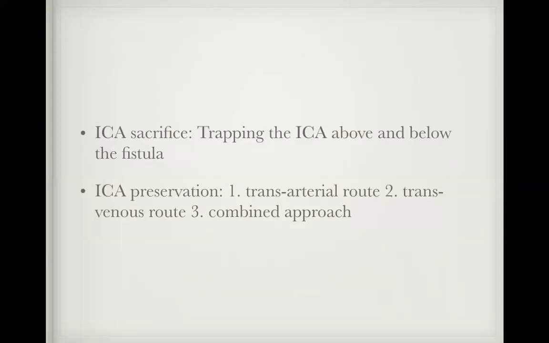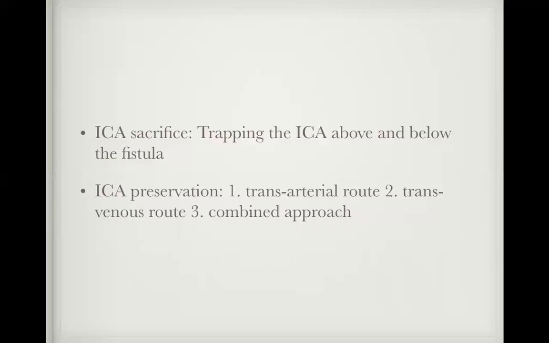Currently, the main endovascular approaches to carotid cavernous fistula is to either trap the ICA and close off the fistula, or try to preserve the ICA. We have three main approaches: the transarterial route, the transvenous route, and the combined approach. The transarterial route is more preferred.